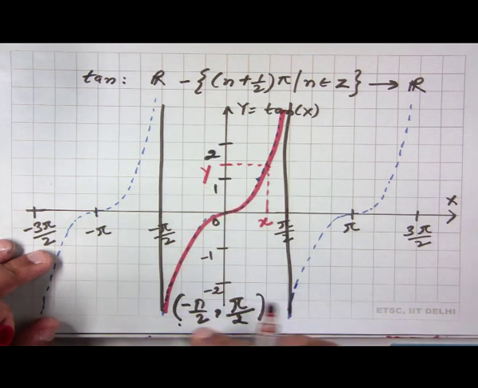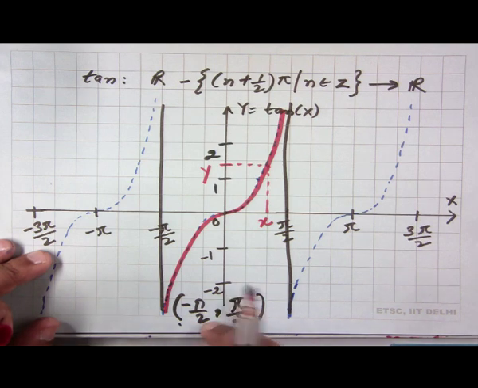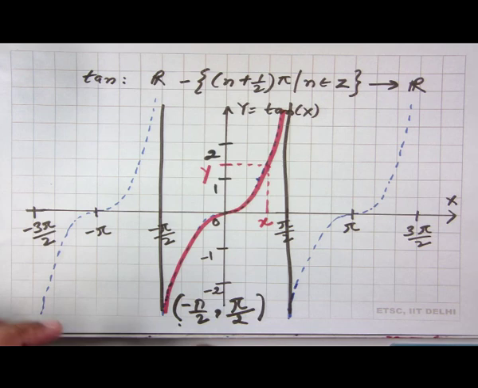So again for the tan function, by restricting the domain to the open interval between minus pi by 2 and plus pi by 2, the inverse of the tan function can be uniquely defined.